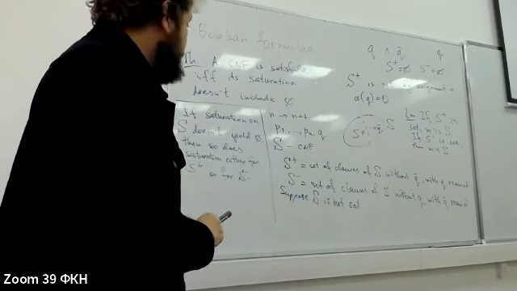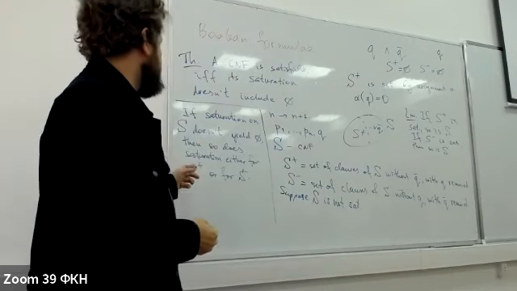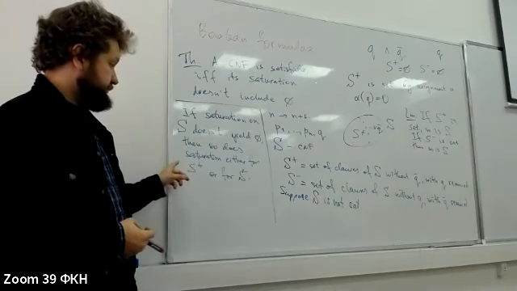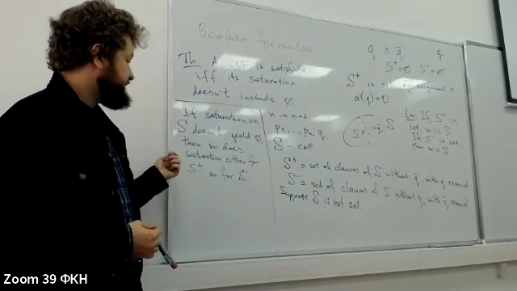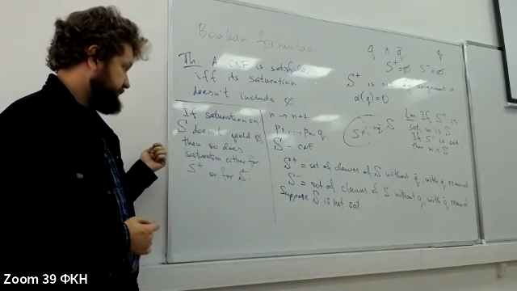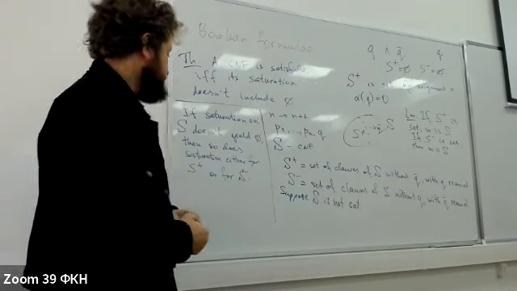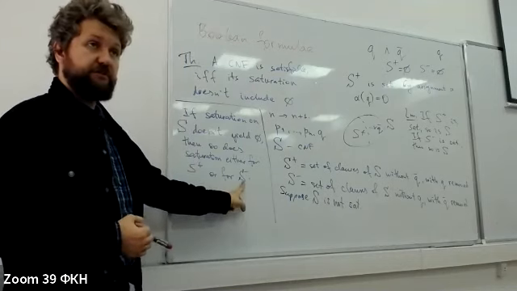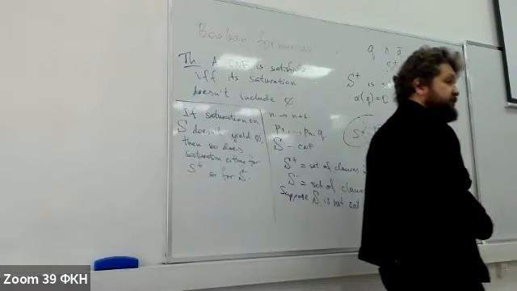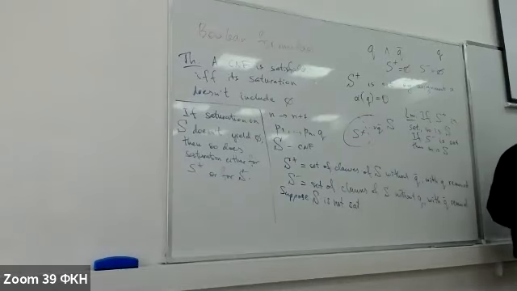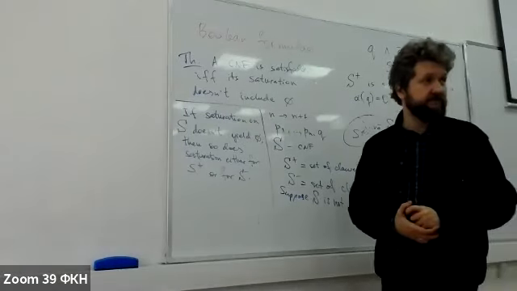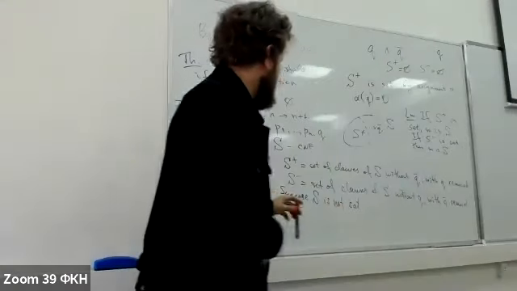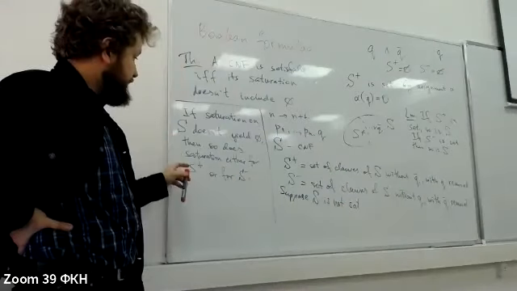Okay, now what we're going to do to finish the proof. Suppose saturation yields empty here and yields empty here. So suppose the contrary, suppose that we cannot satisfy S plus and we cannot satisfy S minus.